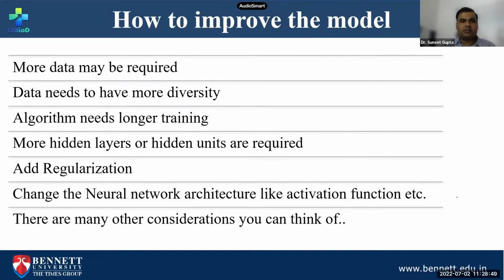Let's say you are working on a classification model, and the accuracy of that model is around 60% or 70%. In that situation, you cannot trust your model. Then first of all, what you have to do is improve the performance of the model.